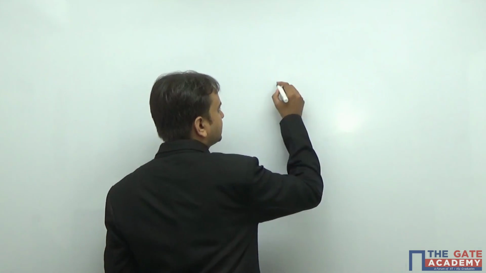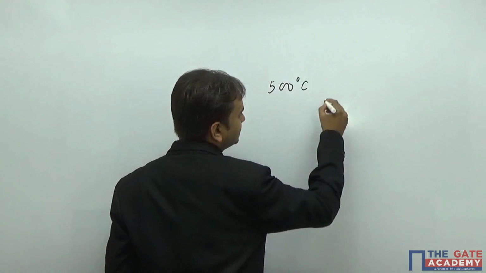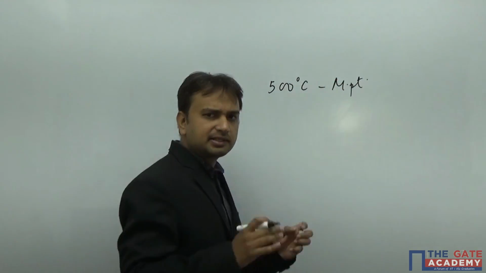Getting the point? Now, this molten metal, which is in liquid state, what could be its temperature? Let's say the metal that we are going to cast has 500 degrees Celsius as its melting point, some XYZ metal, right?